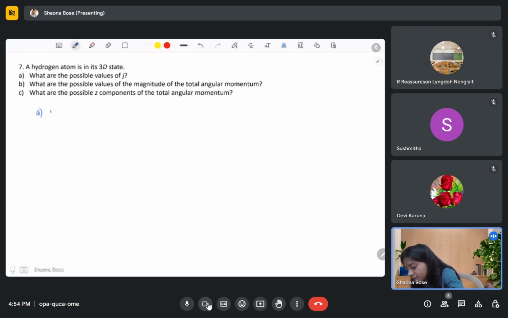So what does 3D state mean? You have n is 3, right? The principal quantum number, and the L value, S P D, that is 2, isn't it?